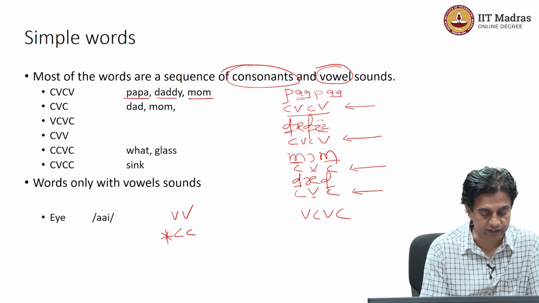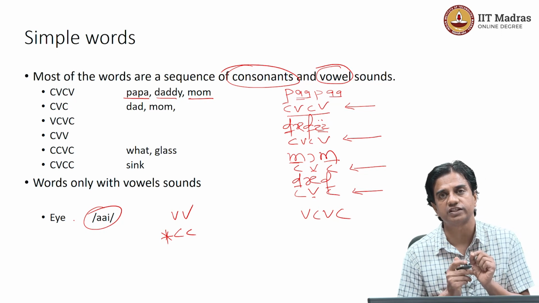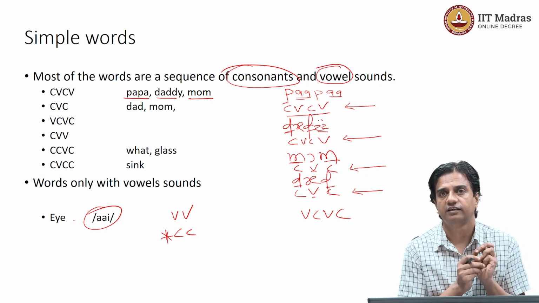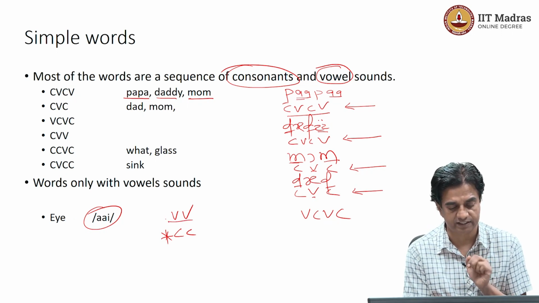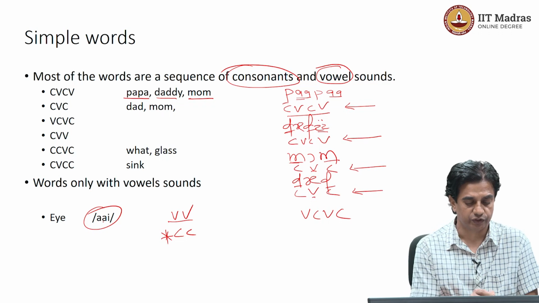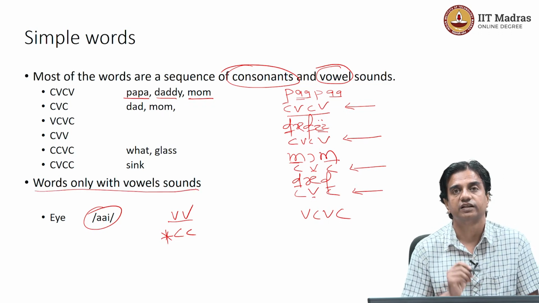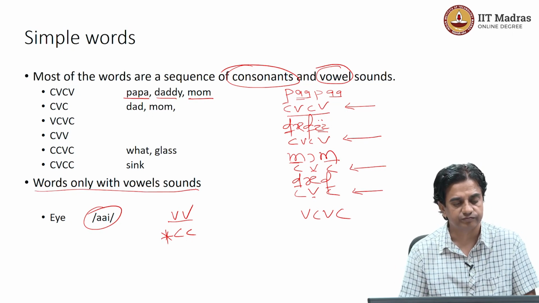So look at this English word, I. It has two consonants and two vowel sounds, and this is the sequence in this word. So this is what we mean, where words only with vowel sounds are possible in any language, also in English.